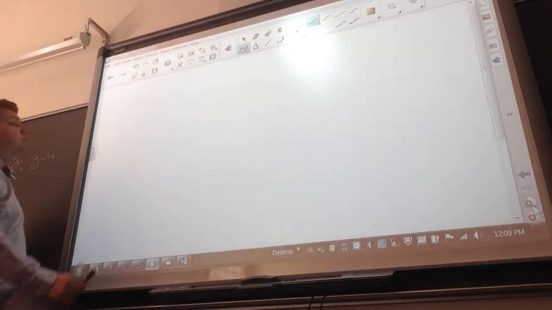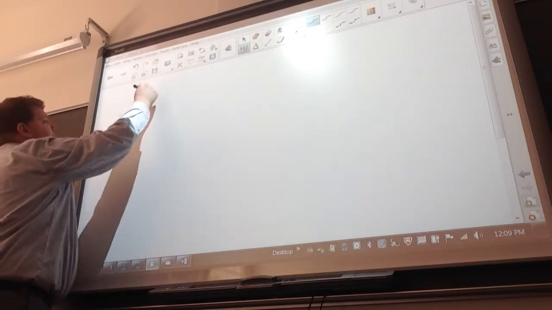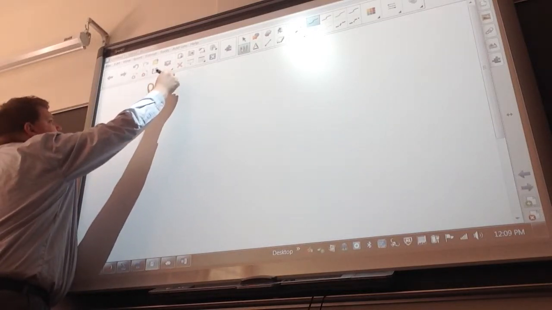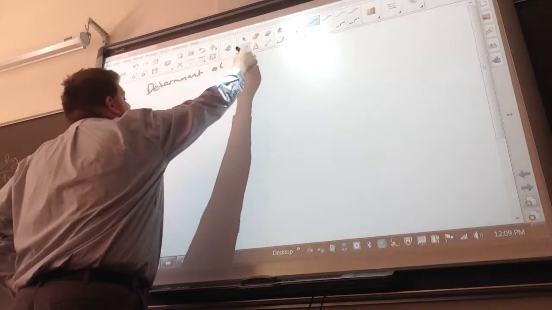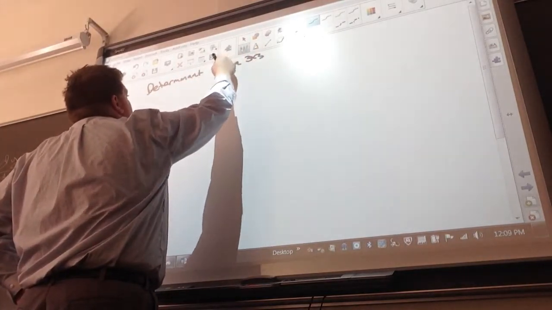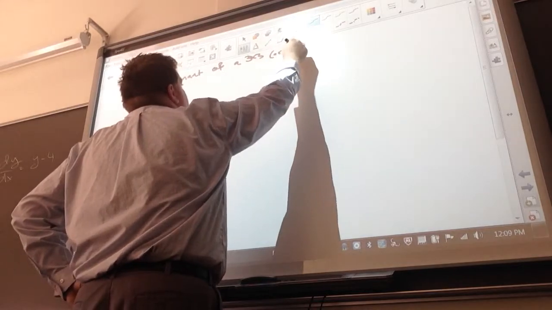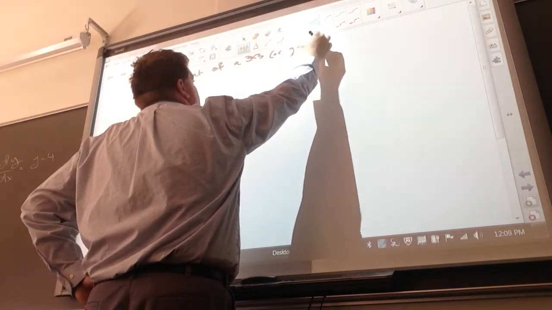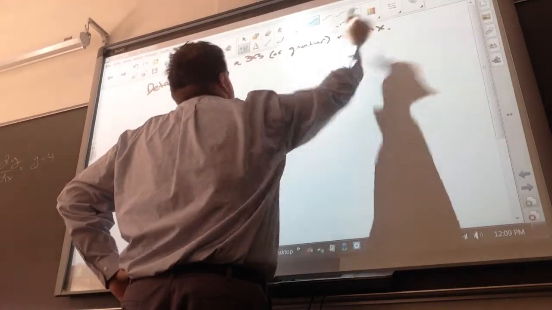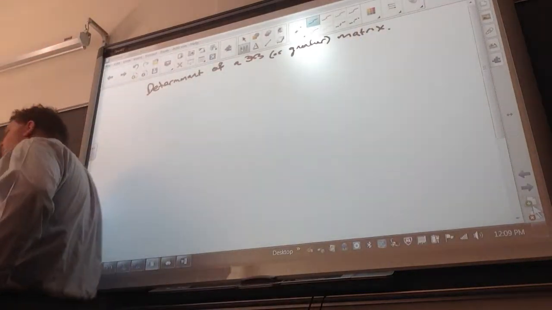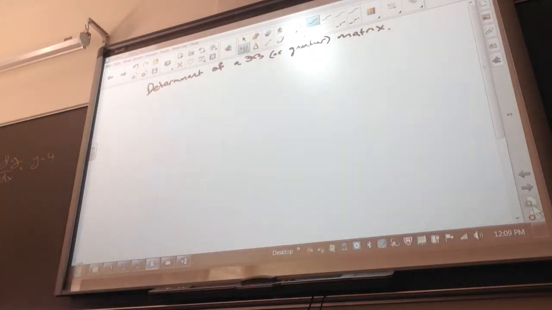So we're going to figure out the determinant of a 3 by 3 or greater matrix. One thing we're going to do here, and I just want to be clear what the actual step is, whatever matrix we end up finding the determinant for, we're going to augment.